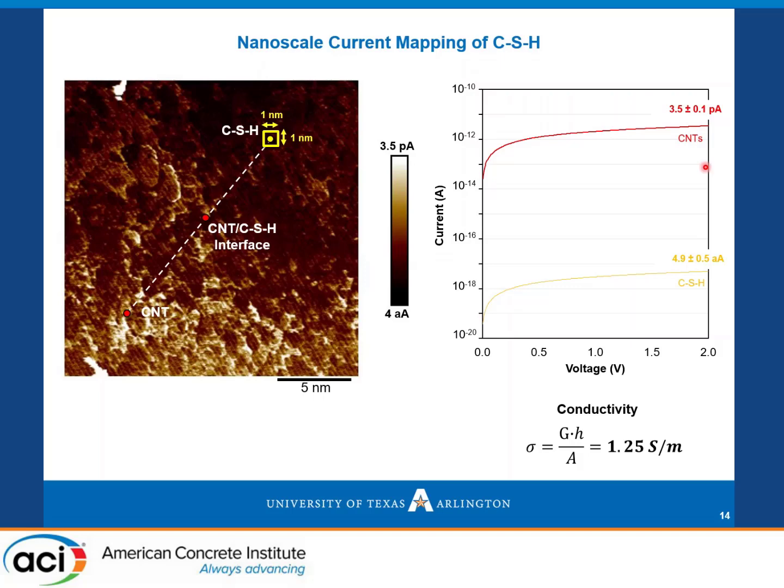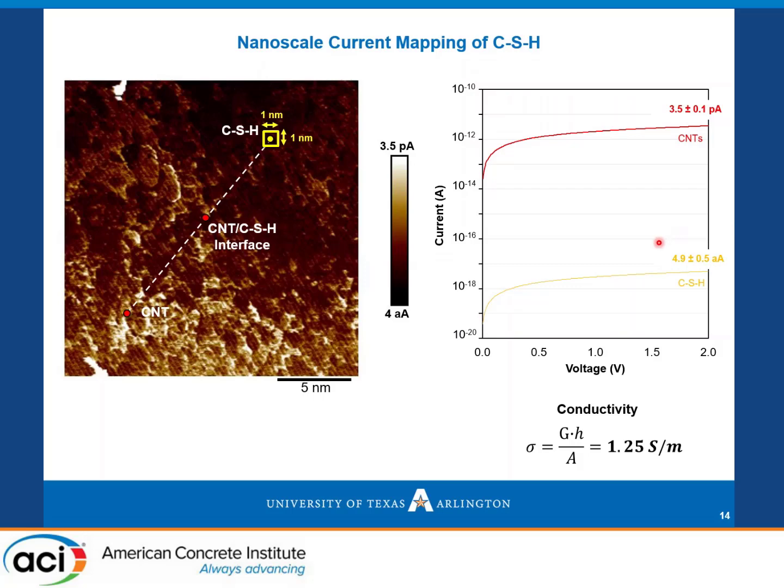We continued by evaluating the electrical current mapping here for the green, the yellow spots here for CSH, 1 nanometer spots. We measure the current, and we see that while the pattern of the 2 curves is the same, we practically talk about 6 orders of magnitude lower current at the same voltage.